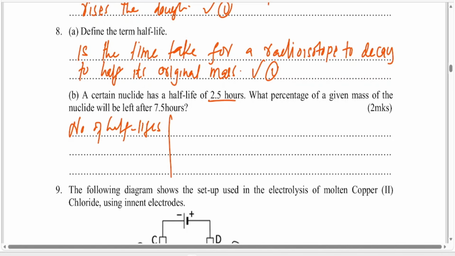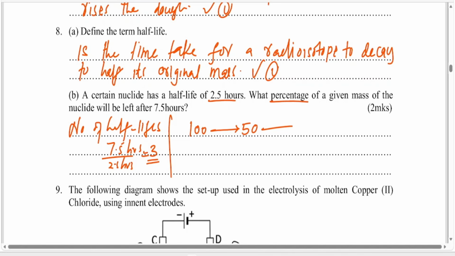The number of half-lives that we have, we take the total time we are given, 7.5 hours, and we divide by 2.5 hours, which is the half-life, and here we are going to get 3 half-lives. Because we understand that percentage is always out of 100, then from 100, the first half-life is going to give us 50%.